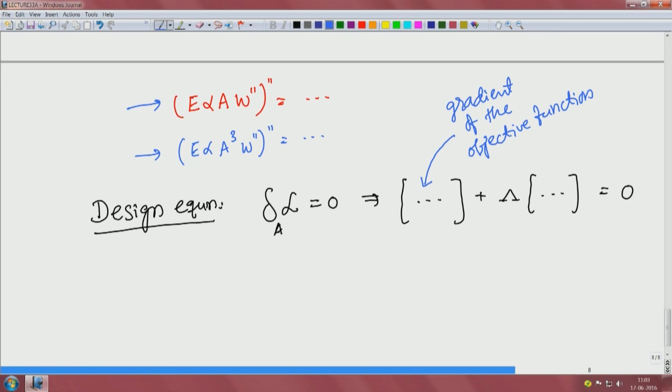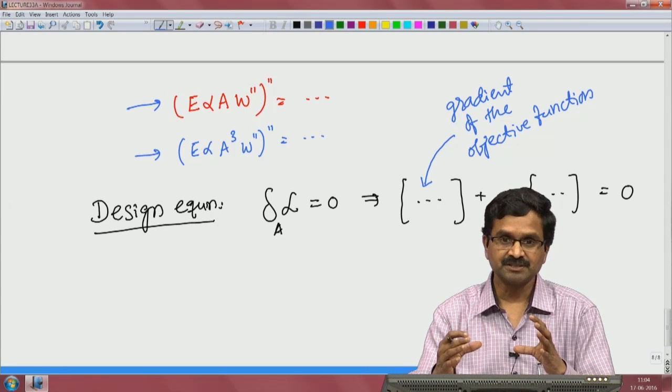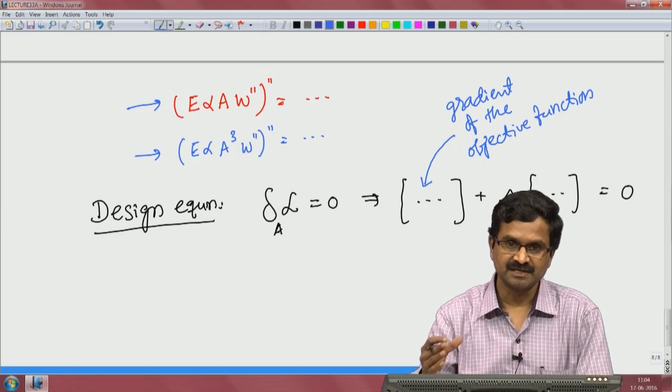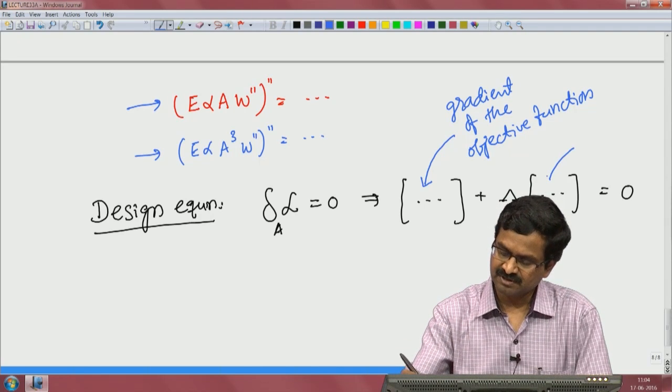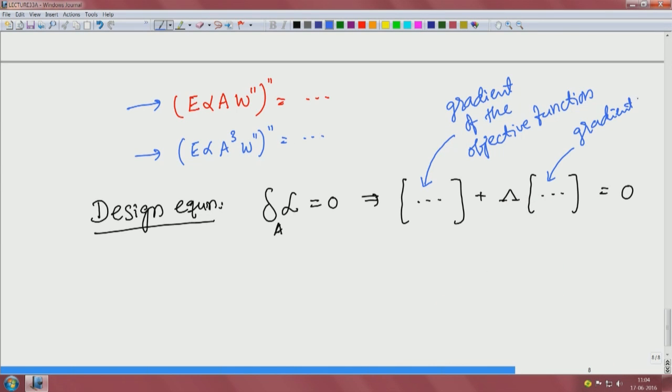That means that if I take the objective function and take its derivative with respect to a, in the sense of calculus of variations, whatever you get will be the expression for every value of x. If you evaluate, that will give you precisely the gradient, and this particular thing is going to be the gradient of the constraint.